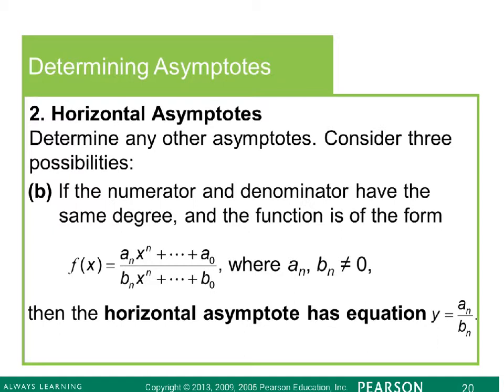You take the 2 leading coefficients on both your numerator and denominator: y is equal to the coefficient on your numerator over the coefficient on your denominator. And that's how you find the horizontal asymptote when your numerator and denominator have the same degree.